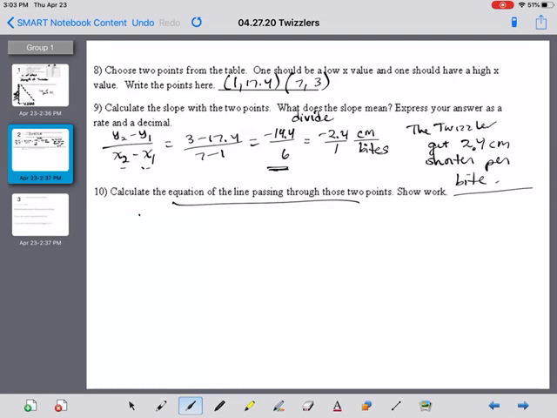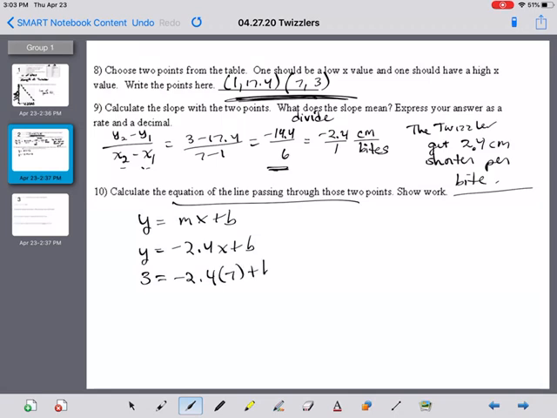Now let's calculate the equation of the line like we've been doing. So we have y equals mx plus b. So the slope is the m, -2.4x plus b. Now plug in either of the points that you listed up here. I'll pick 7, 3.